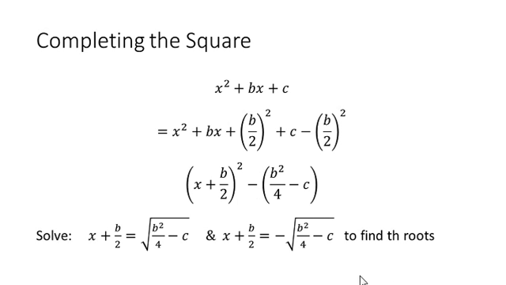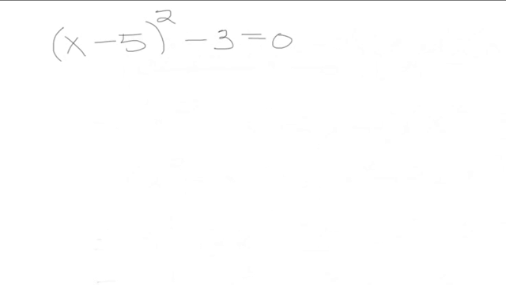Let's go ahead and do a little practice with completing the square at this point. I'm first going to talk through a conceptual example that clarifies what we're trying to do here. Imagine that you have a polynomial expressed in this form, where you have some term squared at the front, and then you have a constant term, and you're trying to solve for when that expression is equal to 0.